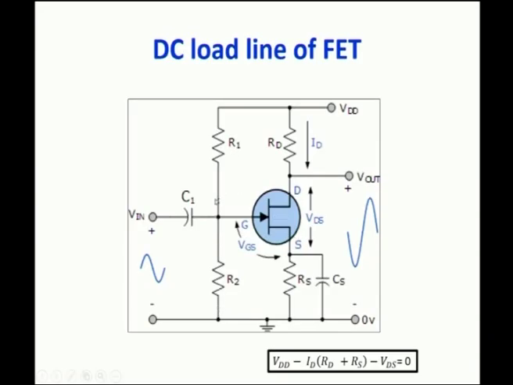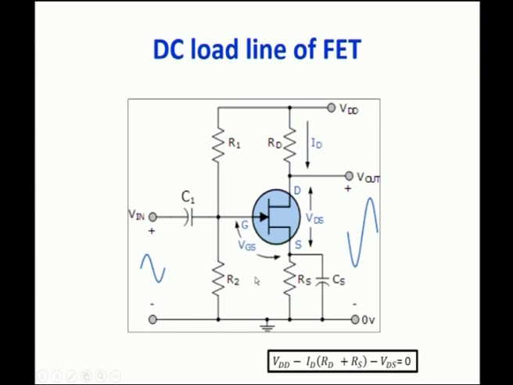These are the two voltage dividers R1 and R2 going to bias the FET, and the capacitor C1 blocks the DC voltage from its preceding circuit, and so the bias condition will not change, and this capacitance Cs is going to bypass the effect of the resistance Rs in the AC conditions.